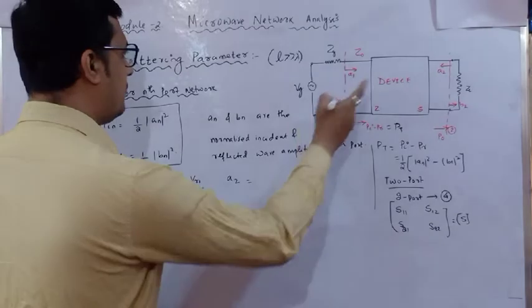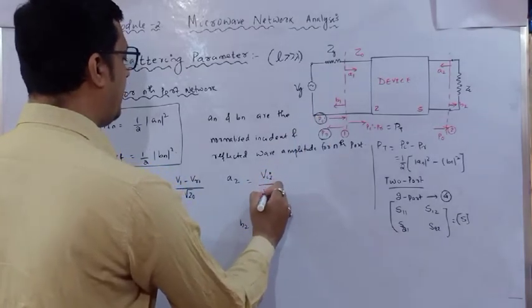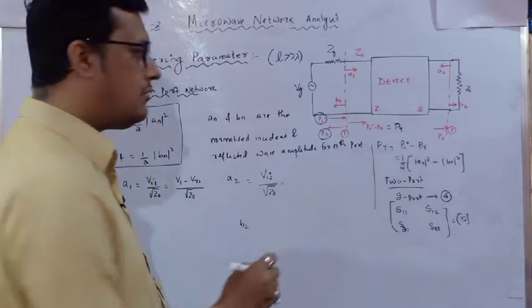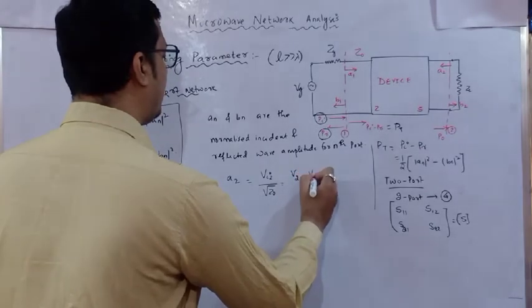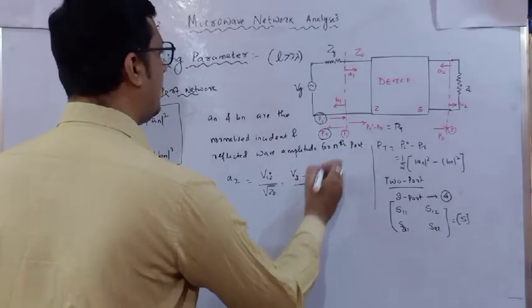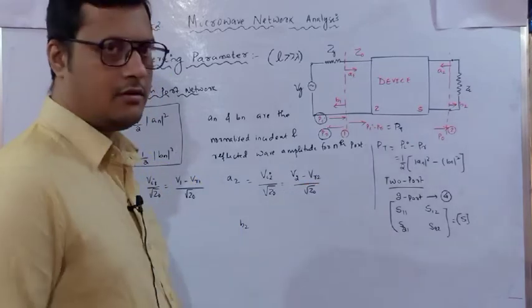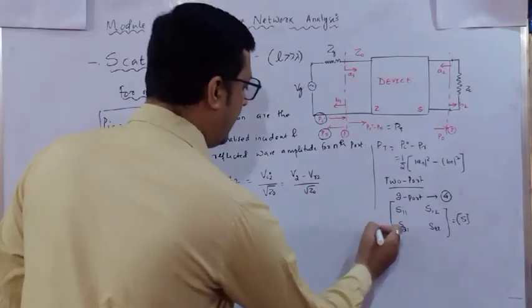Similarly, A2 incident is Vi2 divided by root over Z0. But what is Vi2? Vi2 is V2 minus V reflected 2, divided by root over Z0. But what are V1 and V2? Let me write that.